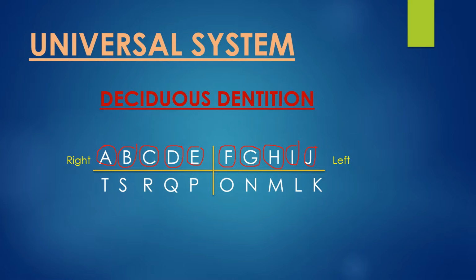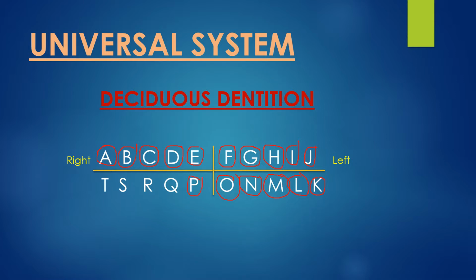Similarly, K denotes lower left second molar, L denotes lower left first molar, M represents lower left canine, N represents lower left lateral incisor, and O represents lower left central incisor.